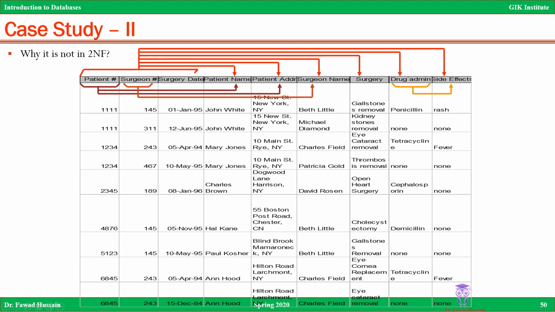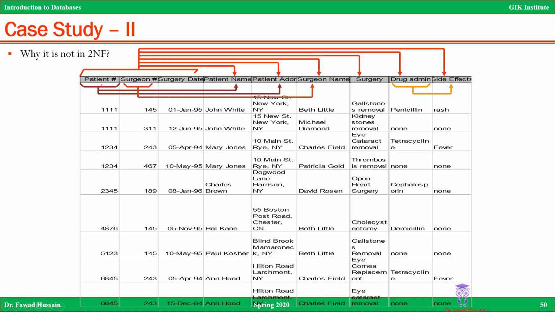And as I said, this also is a problem, but this is a transitive dependency problem because drug admin is not part of the primary key. So a partial dependency only happens when something is dependent on part of the primary key. Since this is not part of the primary key, this is not a partial dependency issue. It may be a transitive dependency issue, but it's not a partial dependency issue.